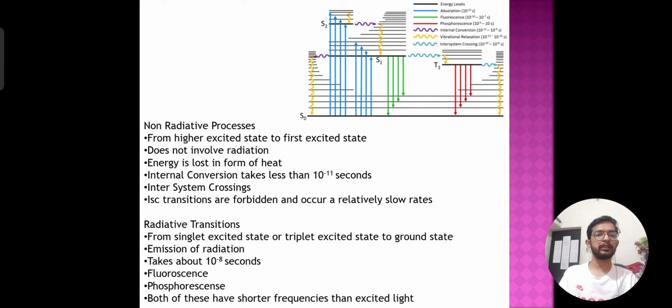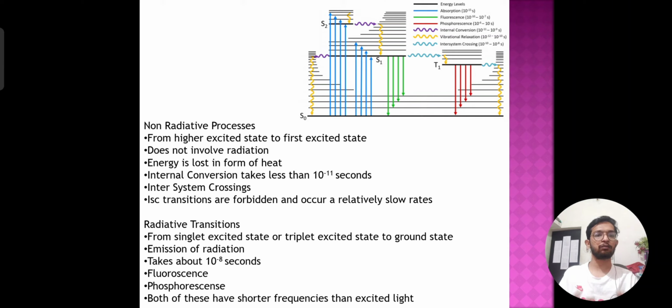Spectroscopically, the transition from S1 to S0 is an allowed transition and occurs in 10 raised to the power minus 8 seconds. The emission of radiation in this transition is called fluorescence. The transition from the triplet excited state T1 to the ground state S0 is rather slow and a forbidden transition. The emission of radiation in this transition is known as phosphorescence.